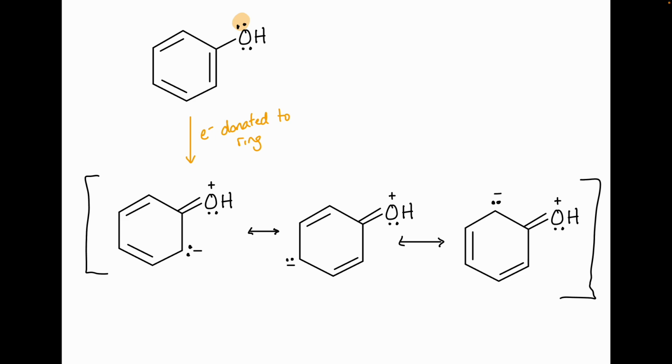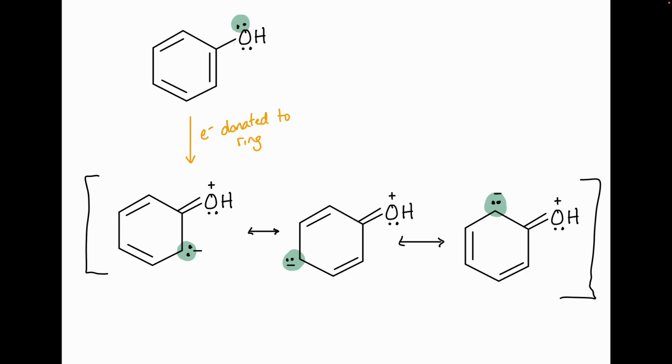So here's my pair of electrons in my original molecule, my phenol. That's now going to be donated to the ring. We can see that pair of electrons shows up around that ring as it's being donated, but it doesn't show up on every single one of these carbons.